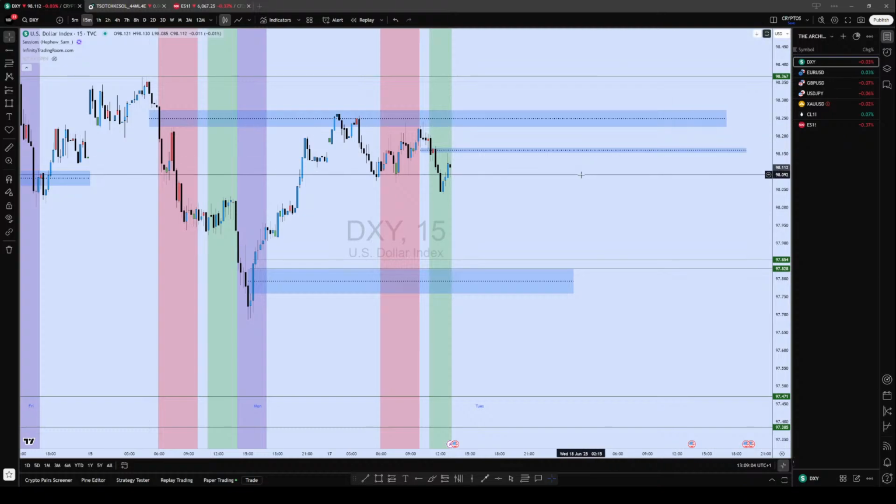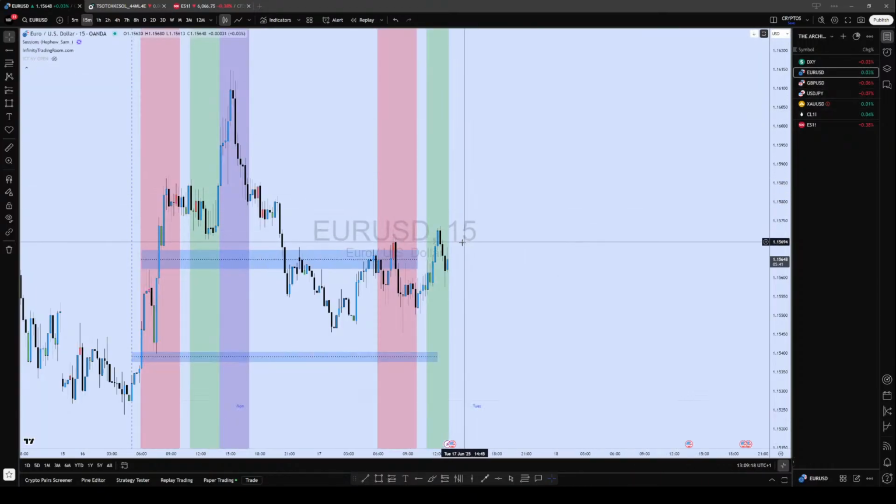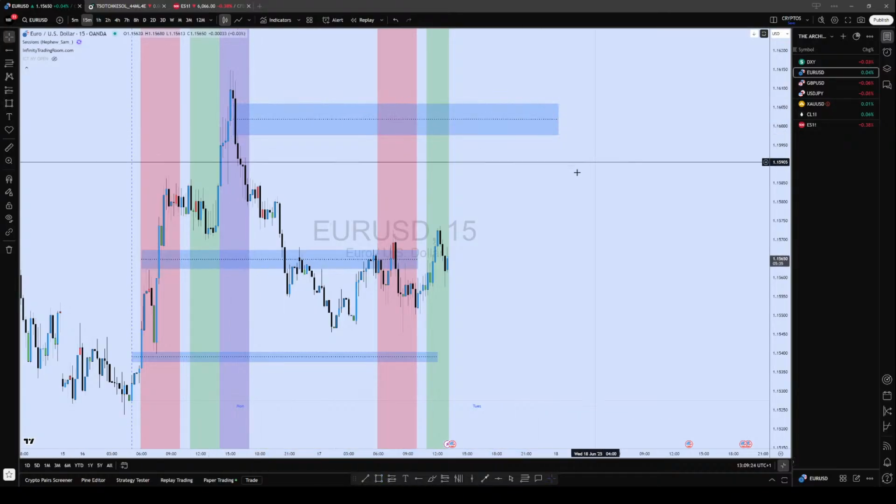So this New York session, I'm looking for a continuation to the downside, okay, to reach 97.85. That will give you a potential buy on euro to also trade the opposite side. So we are aiming for this imbalance.